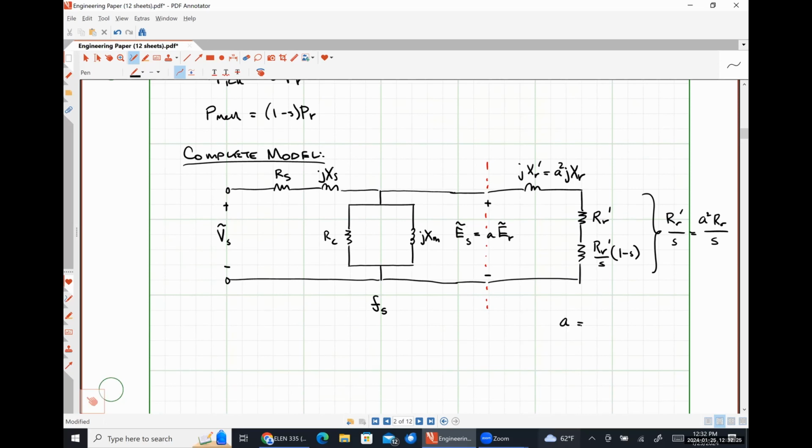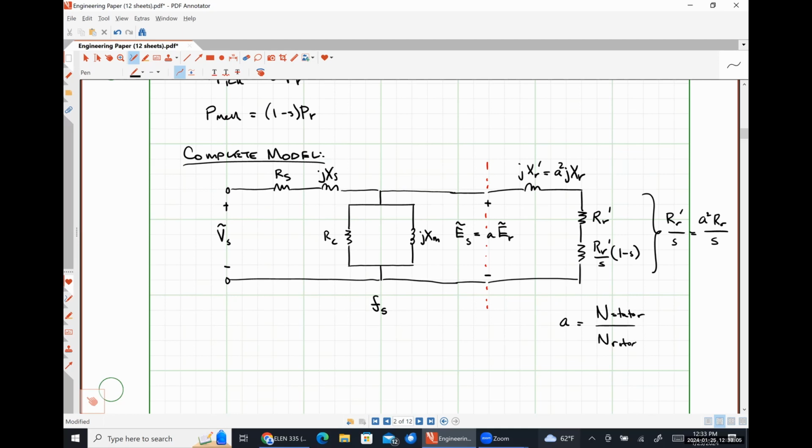So the last thing that I want to point out here is A, right? So we've referred everything from the rotor side to the stator side so that we don't need an ideal transformer in the middle of this thing. So we just need to talk about our turns ratio really quickly here, right? So when we had a transformer, we defined our turns ratio to be the ratio of the number of turns in the secondary divided by the number of turns in the primary. Here we're going to define our turns ratio for our induction motor to be the number of turns in the stator divided by the number of turns in the rotor.